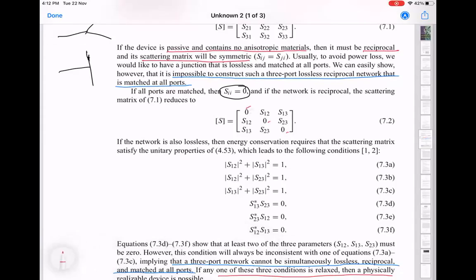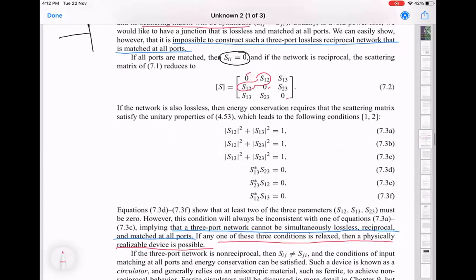And then they have used the fact that it's symmetric and basically left it in this form where you have essentially 3 unique elements, which are S12, S13, and S23. And then you go ahead and write down some of the conditions which we had briefly discussed earlier, that it has to satisfy the unitary property if it is lossless. So unitary property essentially translates to power conservation in this context.